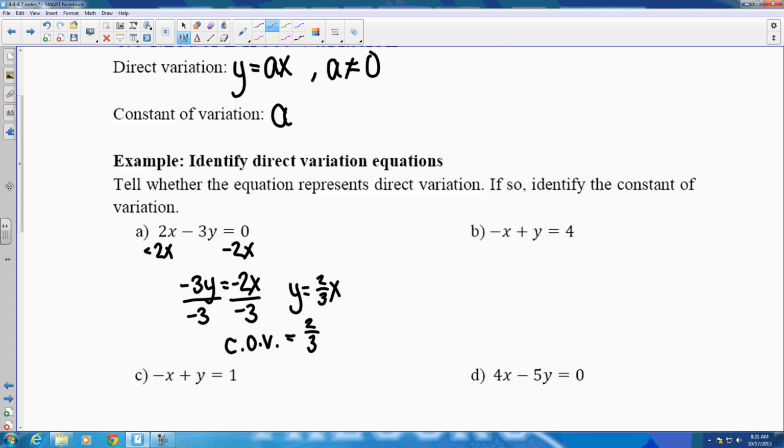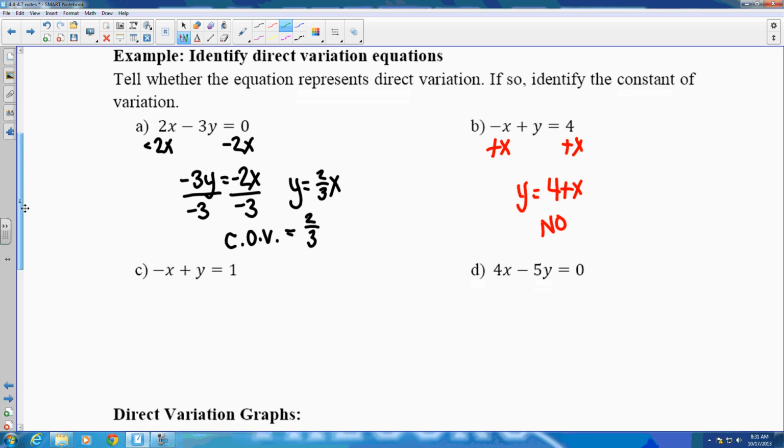Okay, b, we need to solve it for y. Y equals 4 plus x, which is not a direct variation because it's not strictly multiplication. They have that 4 added on there, so no. C, solving for y again. Y equals x plus 1.